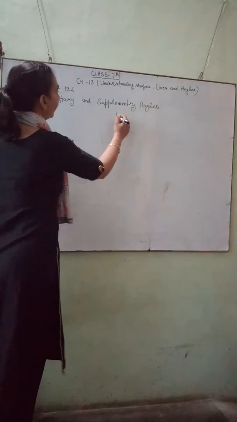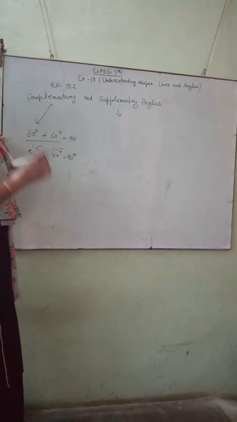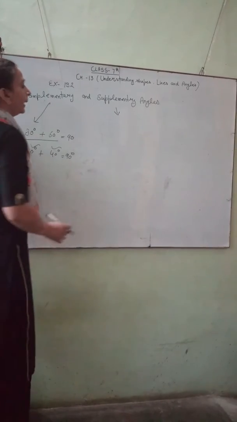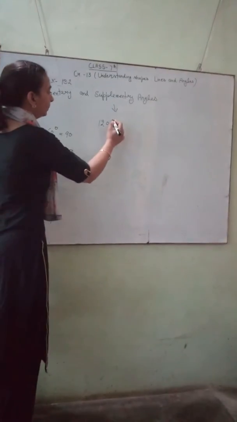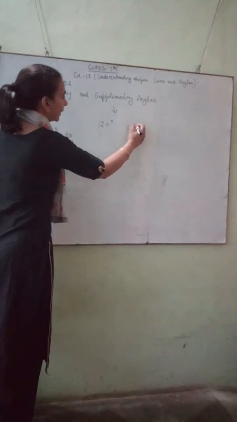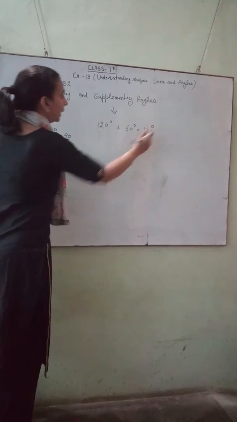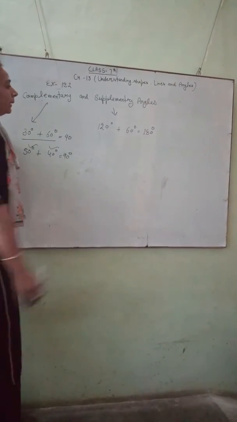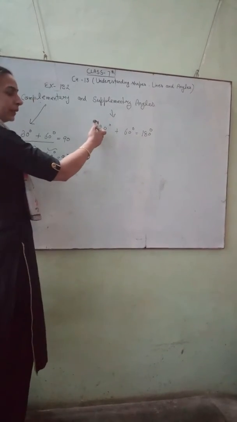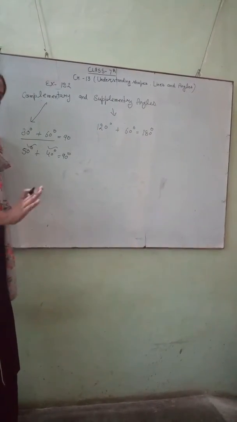Again, supplementary angles. If the sum of two angles equals 180, for example, if one angle is 120 degrees and one angle is 60 degrees, then the sum of these two angles equals 180, so these two angles are supplementary angles. 60 is the supplement of 120, and 120 is the supplement of 60. Clear, students?